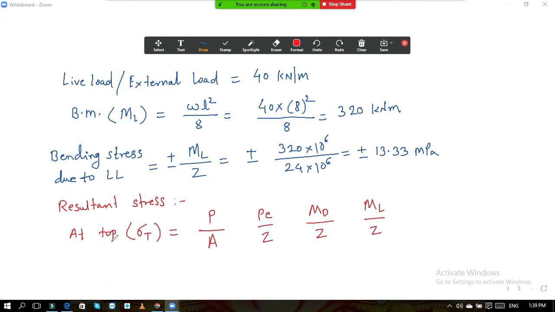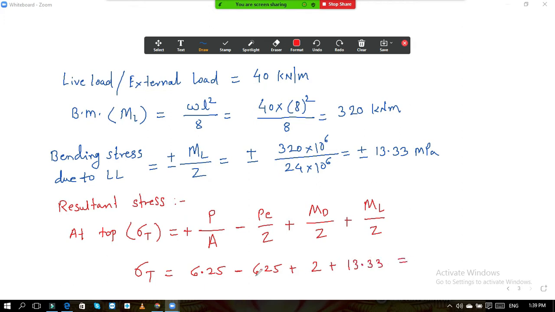Okay. Now we are talking about top. So this is always plus. At top this stress is minus. This will be plus, and this is also plus. So sigma T is equal to 6.25 minus 6.25 plus 2 plus 13.33.